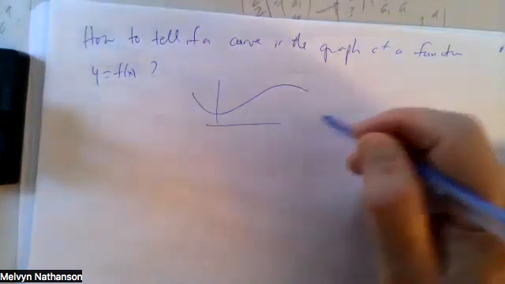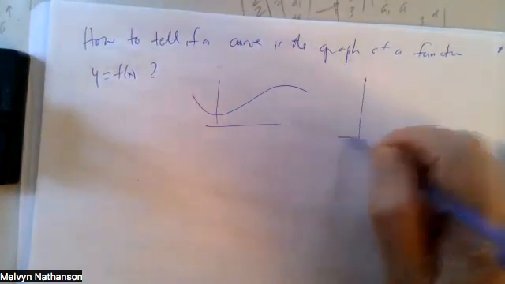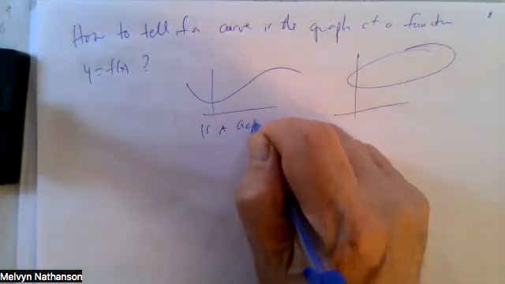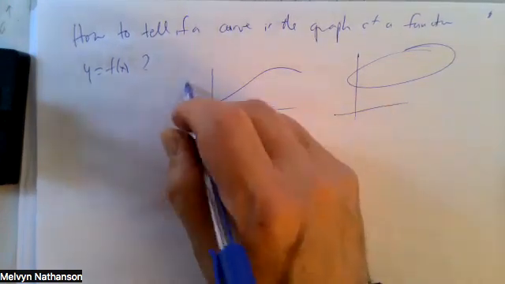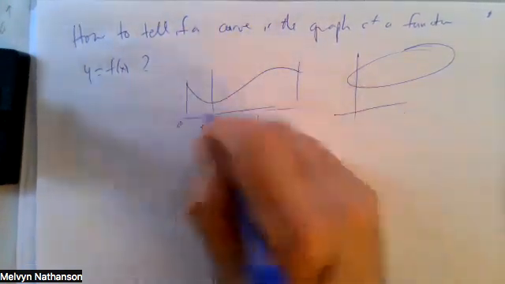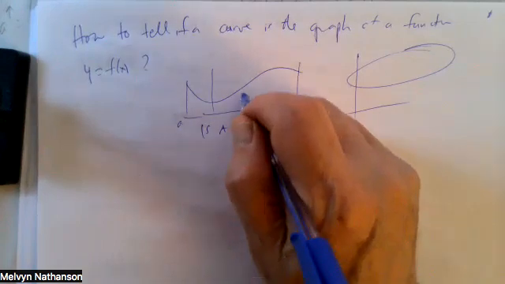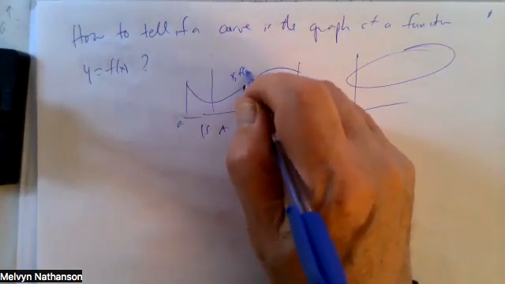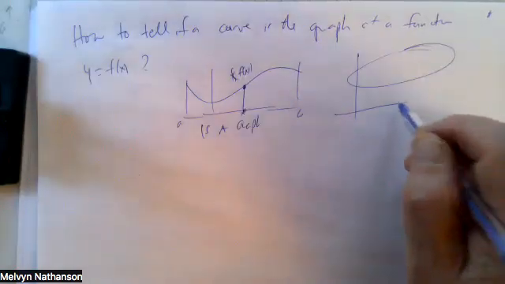Like that's the graph of a function. This is a graph. But you can think of it as, say, from A to B, for any point x, the height is the value of the function at x.